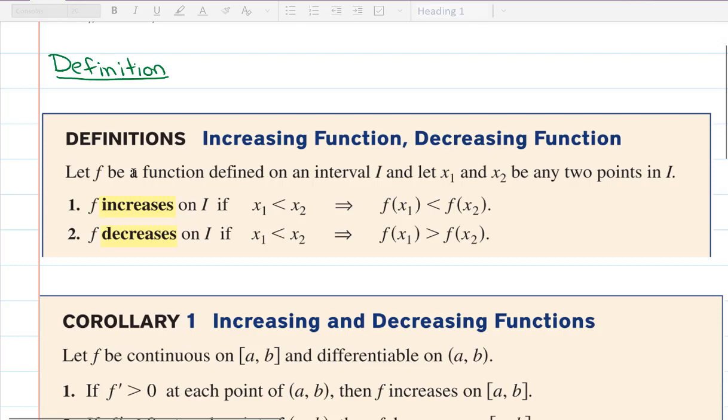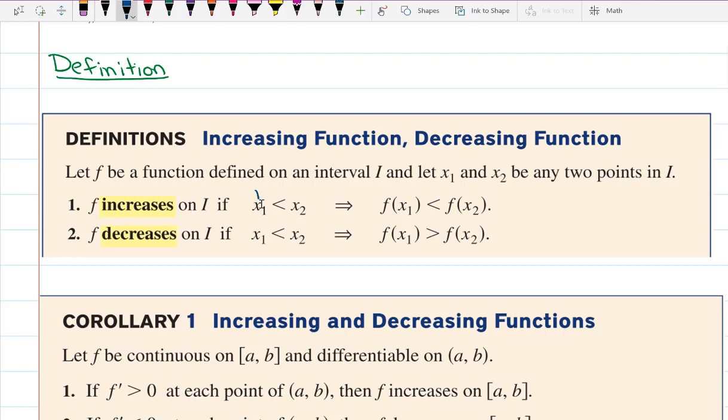So let f be a function defined on an interval I, and let x sub 1 and x sub 2 be any 2 points on the interval. Then f is increasing on I if x1 is less than x sub 2 implies f of x1 is less than f of x2. This means that, for example, if this is the point 1, then this has to be a number larger than 1, like 2.